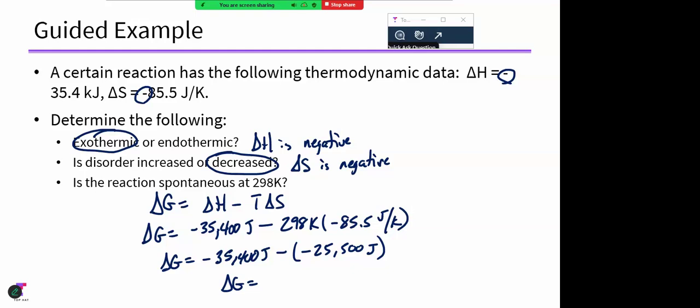So putting those together, negative 35,400 minus negative 25,500 is negative 9,900 joules, or negative 9.9 kilojoules. Delta G is negative. So that tells us that it is spontaneous.